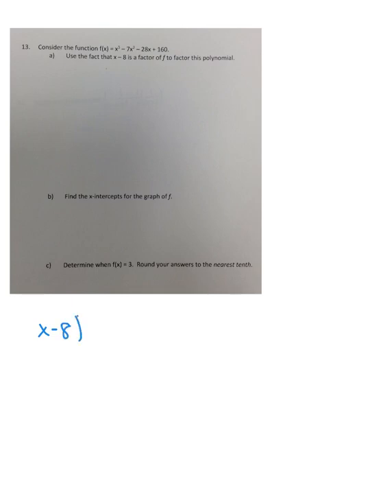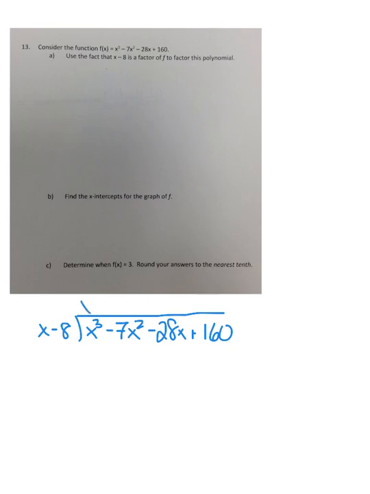So I have x minus 8, and I'm going to divide that into x cubed minus 7x squared minus 28x plus 160. Now again, I know that it does factor because it says that it is a factor, so it's going to divide in evenly. So I should end up with a remainder of 0.